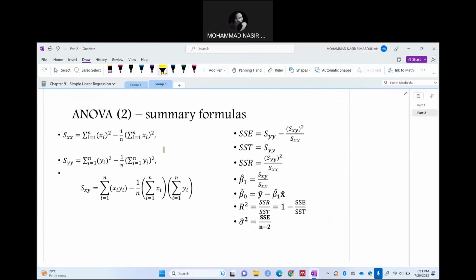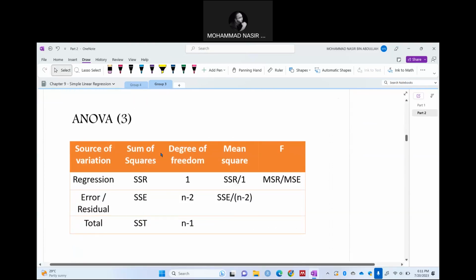SXX, SYY, SXY: these formulas are used to find sum of square error and sum of square total. And we can use this formula to find sum of square regression, and beta 1, beta naught, R square, and standard error of estimate. By using these formulas, we can create the ANOVA table.